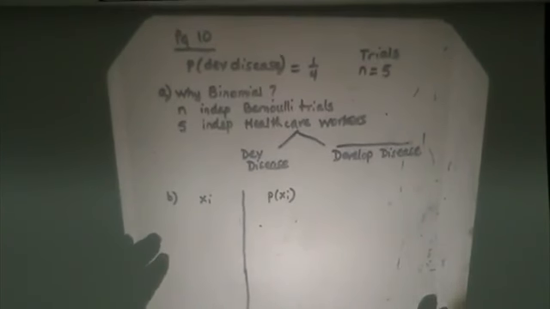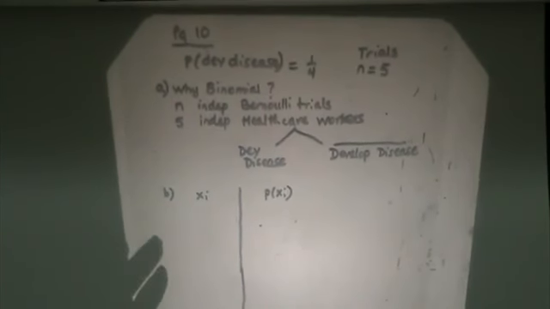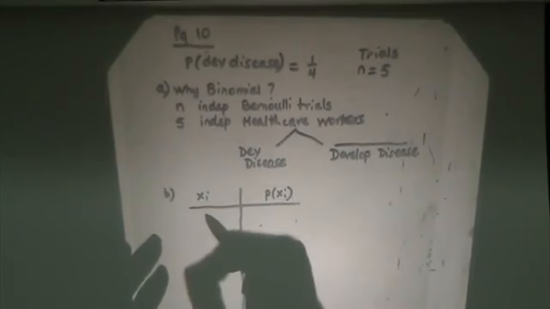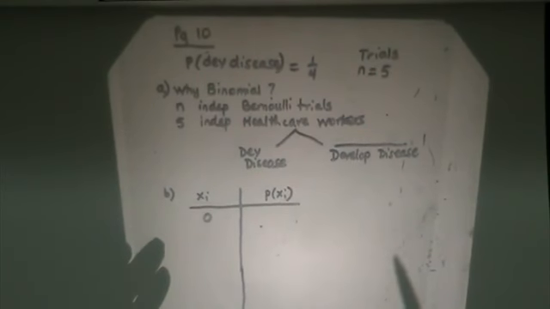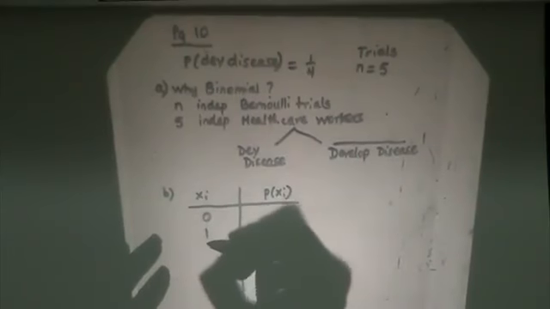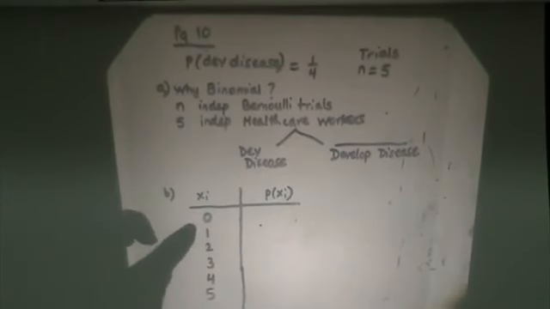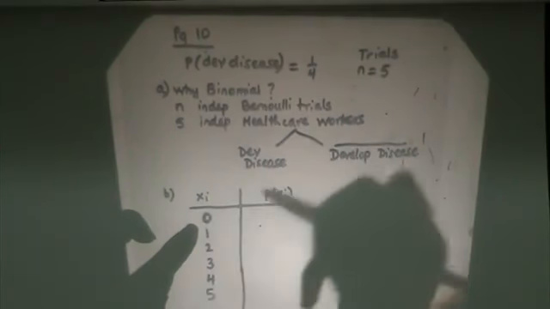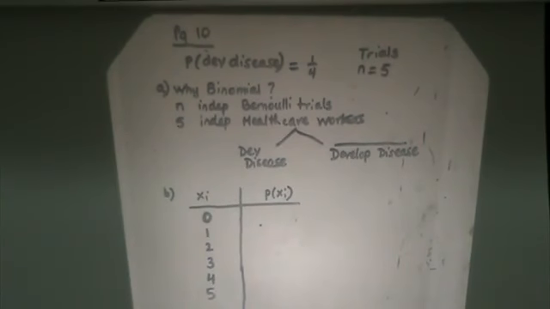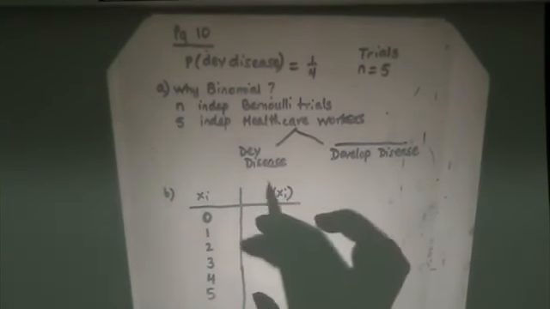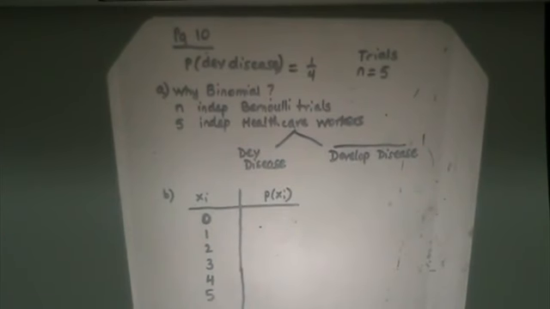So if I have 5 workers, there can be none who develop the disease, or 1, or 2, or 3, or 4, or 5. So it's important to realize that there could be 0 of them developing the disease also. And they're asking us to find each of these probabilities. So let's do 1 or 2. Why not? Let's do the first one.